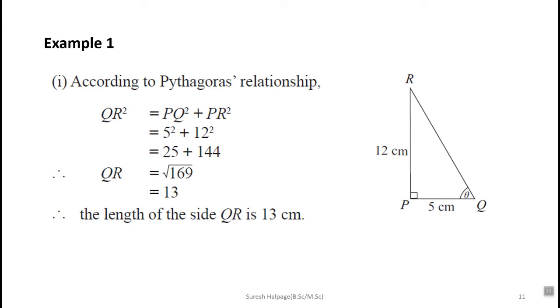What is the hypotenuse? So we need to find. According to Pythagoras theorem, hypotenuse square is equal to the sum of the squares of the other two sides.